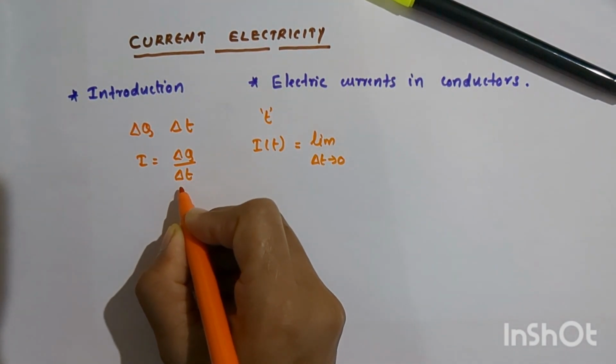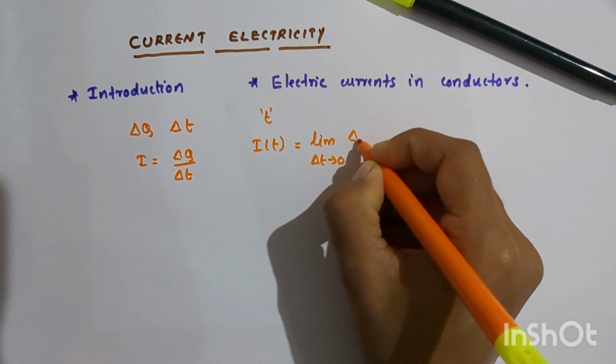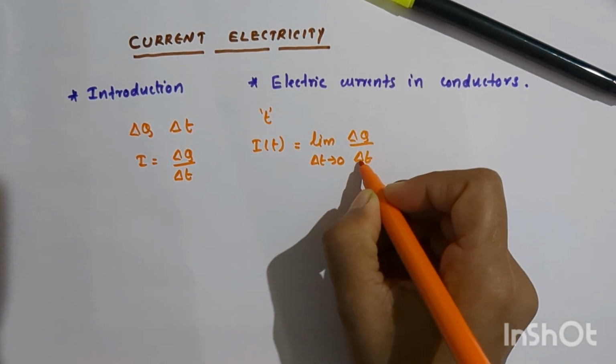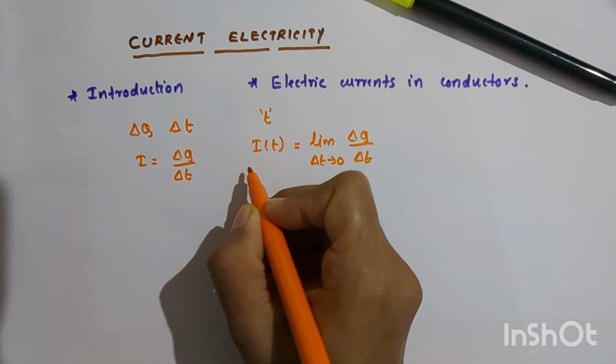That is, we reduce this time interval to 0. So this will give you the current at a time t.